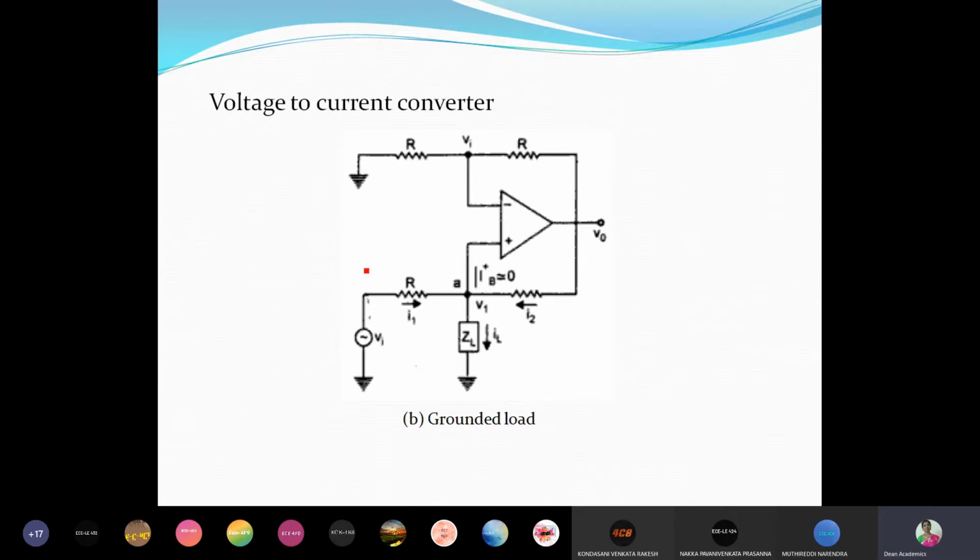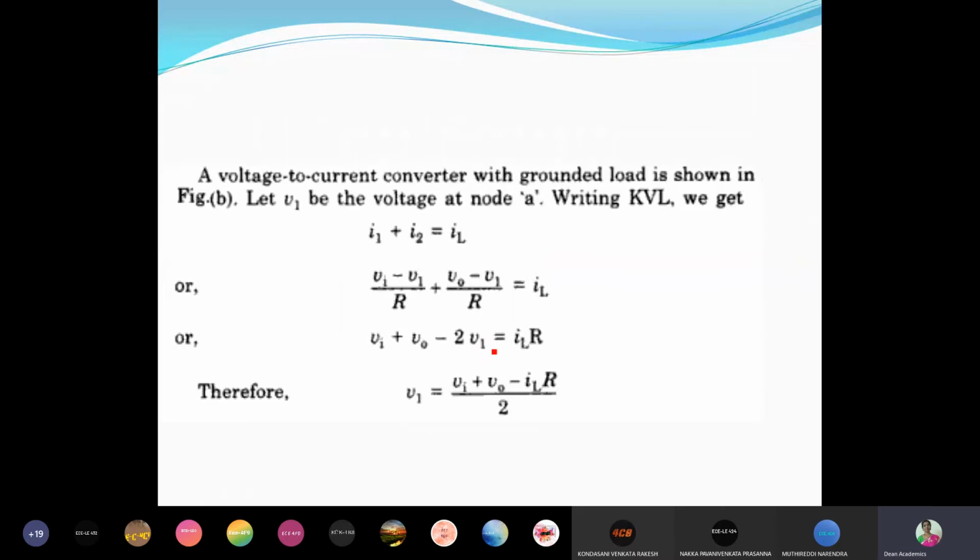Similarly, for the voltage to current converter with grounded load, here also we have applied KCL. This we have named R, and at this node we have applied KCL. Current I1 plus I2 is equal to IL, and we have written the respective values of I1 and I2.